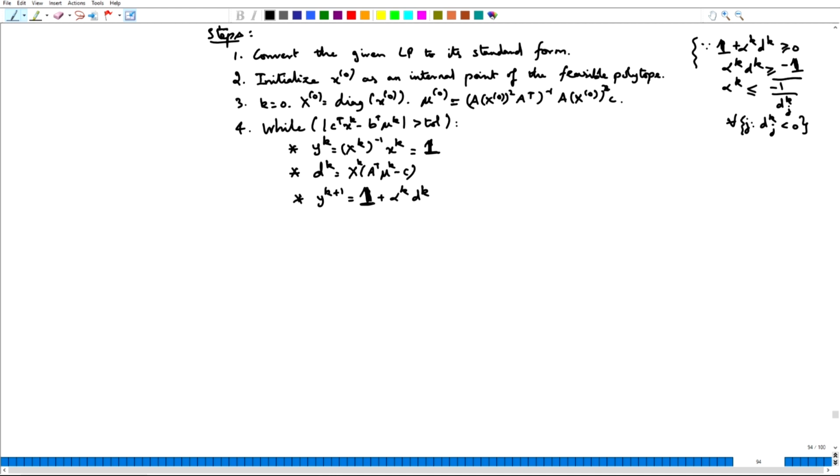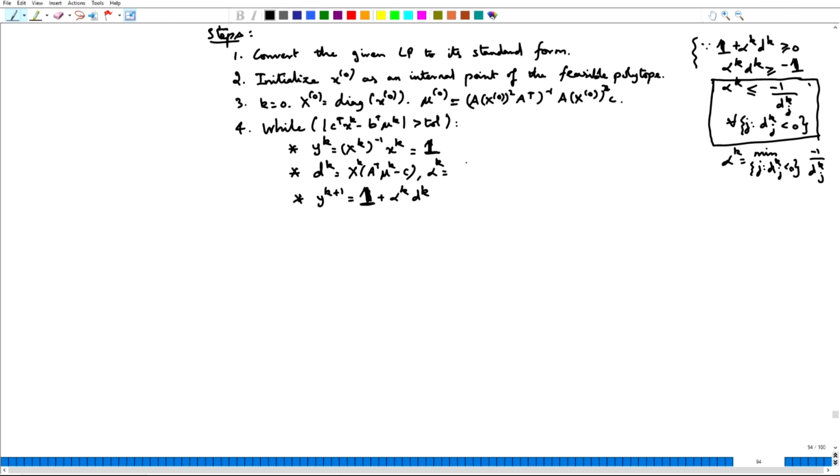Okay, so this is what I want. Otherwise we cannot assure 1 plus alpha k dk is greater than or equal to 0. So I am just going to choose alpha k as min over j such that dk j less than 0 of minus 1 by dk j.